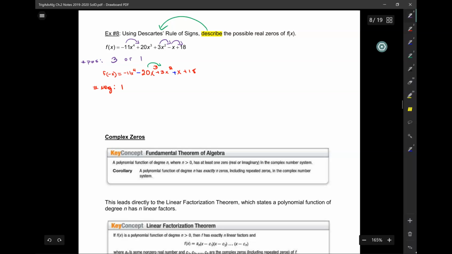Now I need to make the chart. To make the chart, we need 3 columns. Positive, negative, imaginary. All right? Now, again, I have a purple team and a red team. Each player on the purple team has to play against each player on the red team.